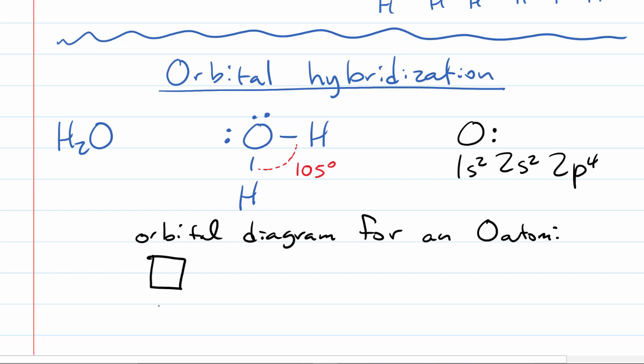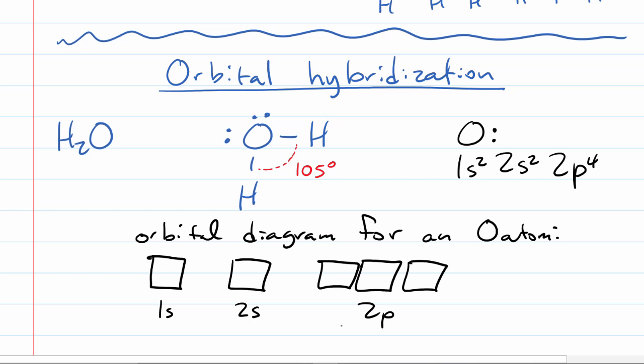So we put this in, here's our 1s, then we'll put this in, which is our 2s, and then we have our 2p sublevel. And when we place the electrons into here, we put in 2 here, we put in 2 here, and when we go into the 2p, how are they arranged in the 2p sublevel? One in each, and then we double up.